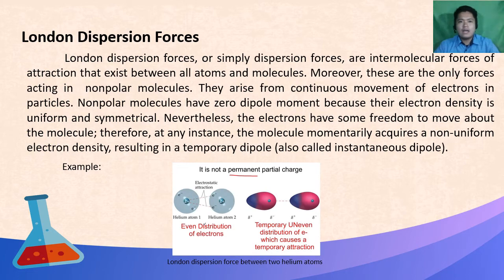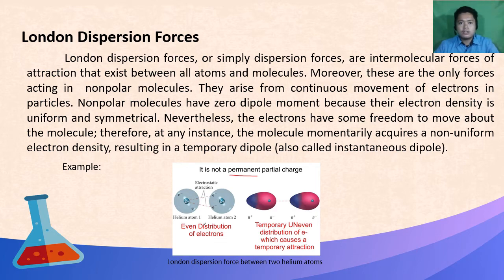Lastly, we have London dispersion forces. London dispersion forces, or simply dispersion forces, are intermolecular forces of attraction that exist between all atoms and molecules. Moreover, these are the only forces acting in nonpolar molecules. They arise from continuous movement of electrons in particles.